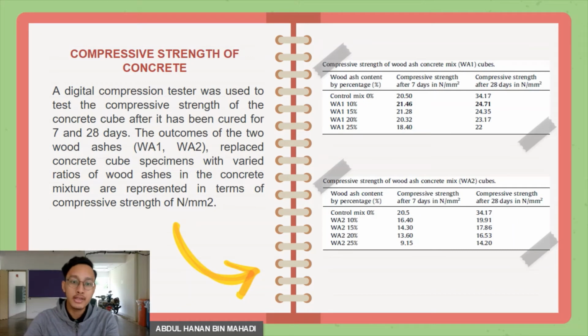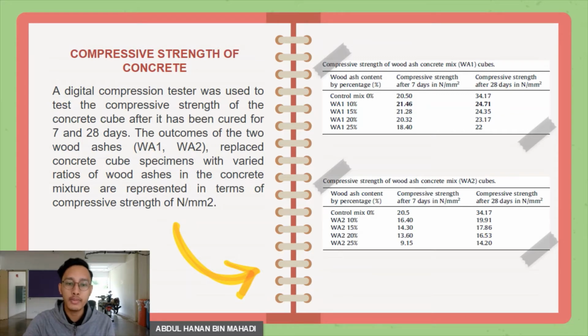So the next is the compressive strength of the concrete. A digital compression tester was used to test the compressive strength of the concrete cube after it had been cured for 7 and 28 days.